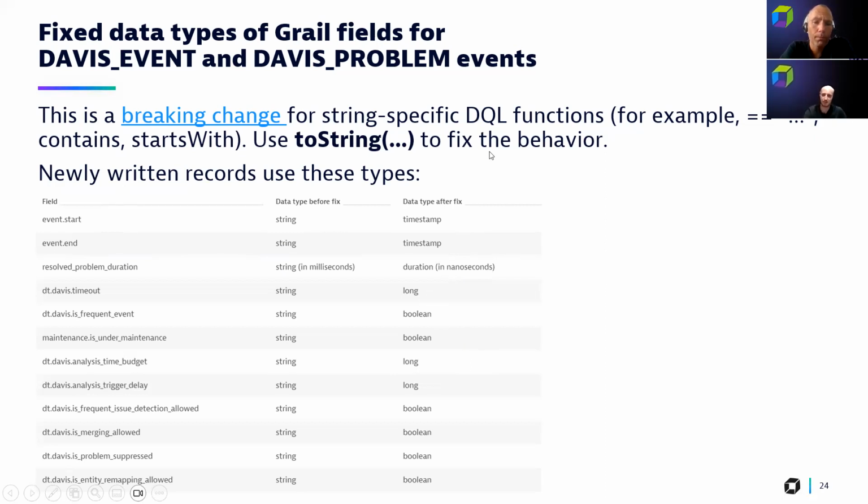So this affects the contentStartsWith and equals operators, for example. And if you have some queries that you need to make work as before, you need to use the toString function to fix this behavior. You can find this behavior example from documentation by clicking on this link here.